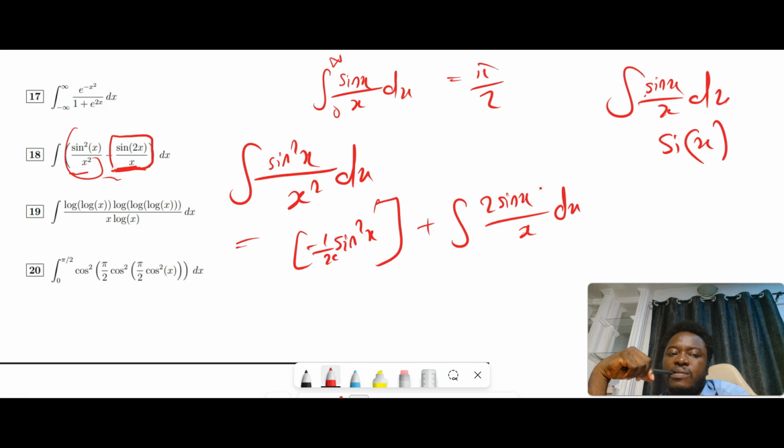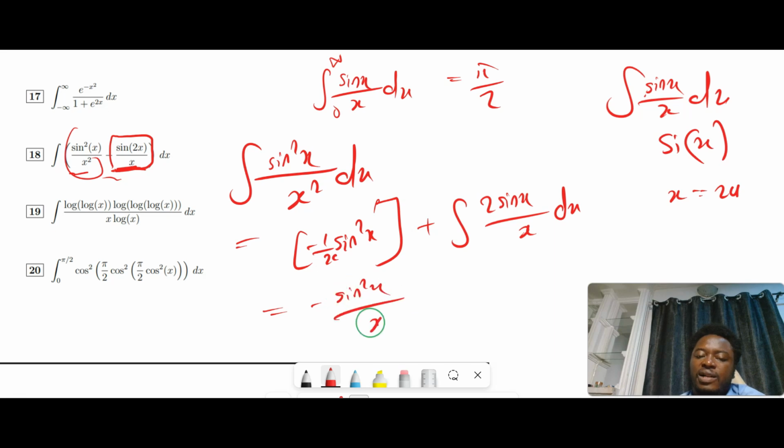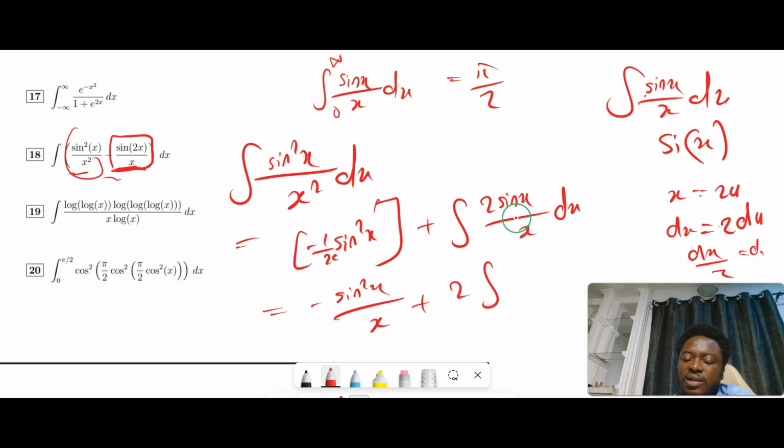Okay, take x to be 2u, then you have negative sine squared x over x plus, then dx will be 2 du, so dx over 2 will be du. So this will be twice the integral of sine of 2u divided by 2u times dx, which is 2 du, right?